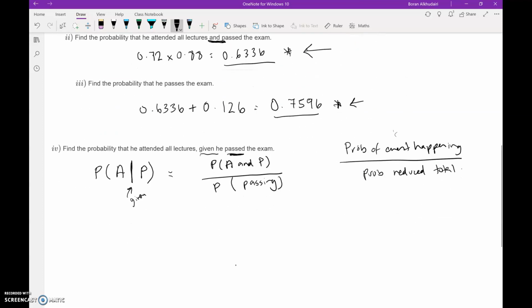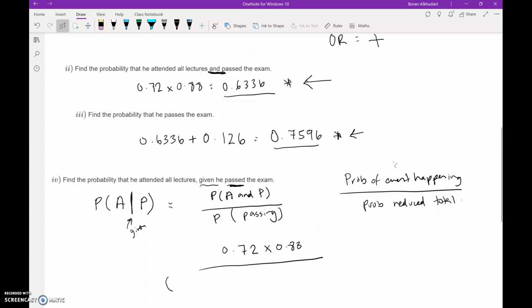And I'll do it the long way, even though we've already done it here. So the probability of him passing and attending is 0.72 times 0.88. And then it's the probability of him passing the exam.